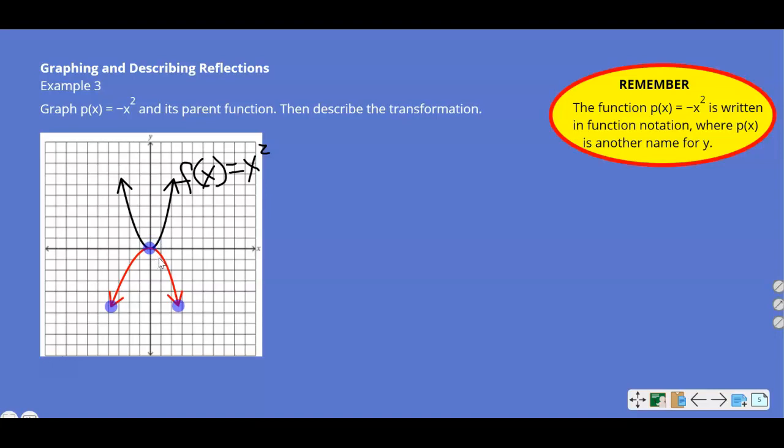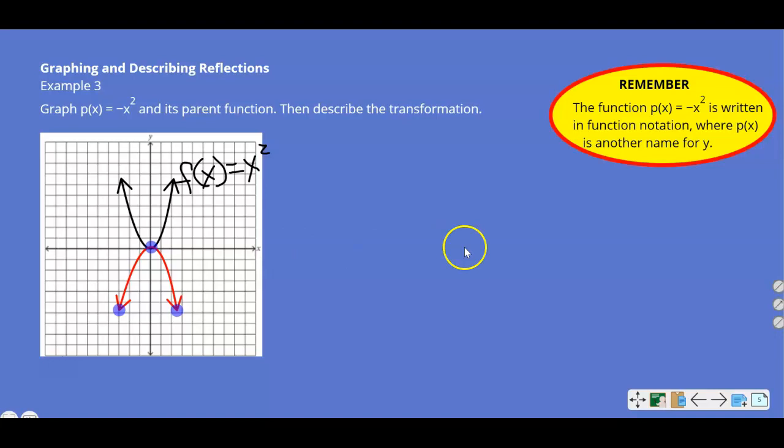It still goes through the origin. This time it's going to go through (1, -1) and (-1, -1). So how can you describe the transformation? It's a reflection across the x-axis.